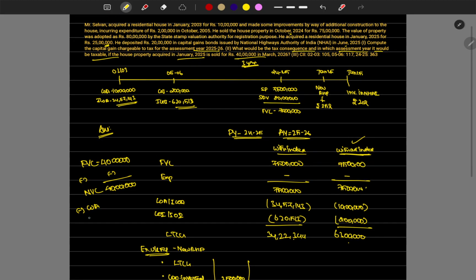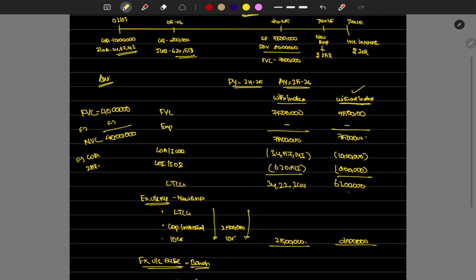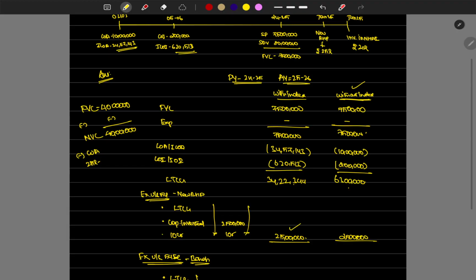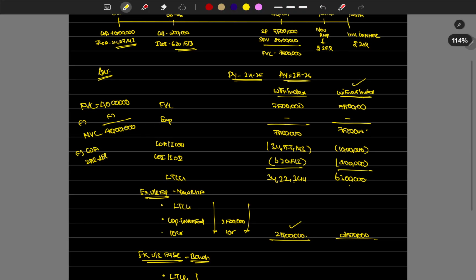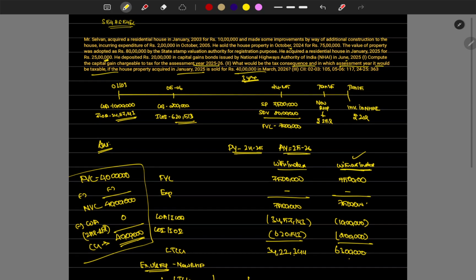So what's the exemption amount he claimed out of this asset? He has claimed an exemption amount of 25 lakhs. So remove the 25 lakhs entirely, it becomes 0. The entire 40 lakhs is subjected to capital gains. That's it. So this is how we have to compute, and we solve this problem. Thank you.